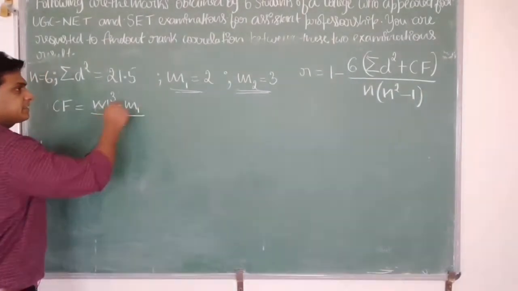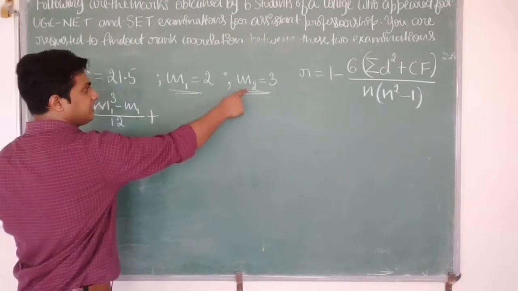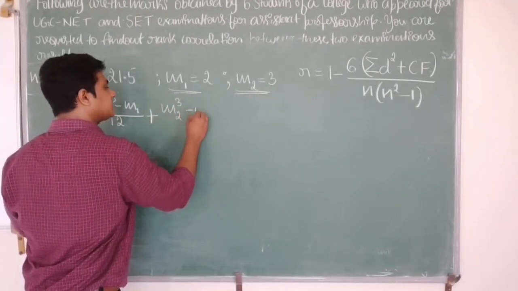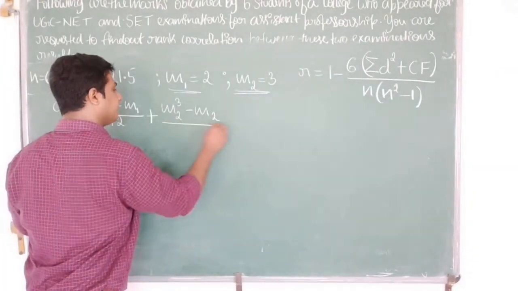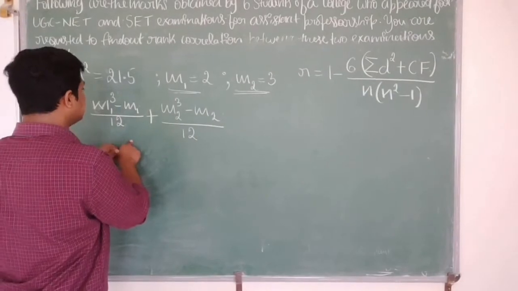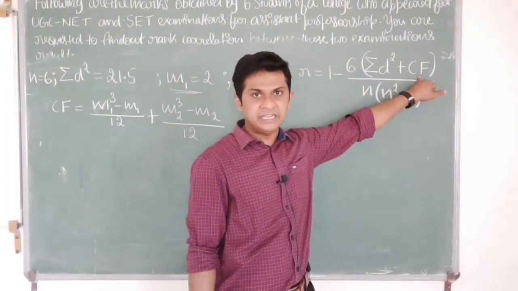This is with respect to the first correction value. The second value will be m2 cube minus m2 divided by 12. The sum of these 2 corrections should be added as the correction factor to our rank correlation equation.